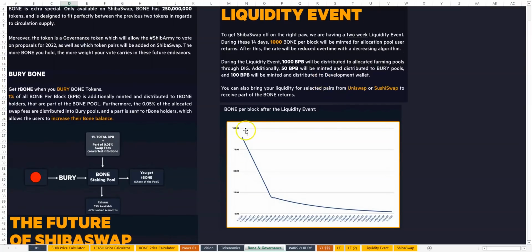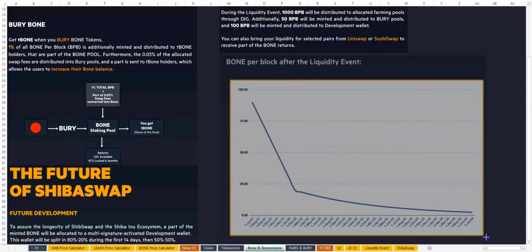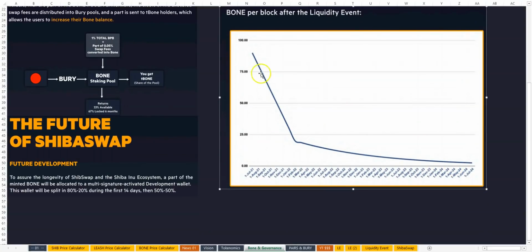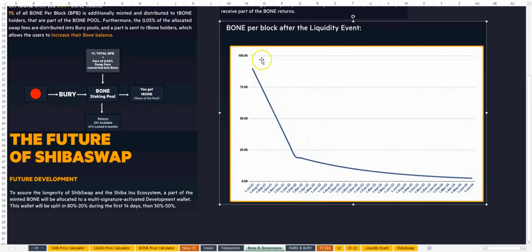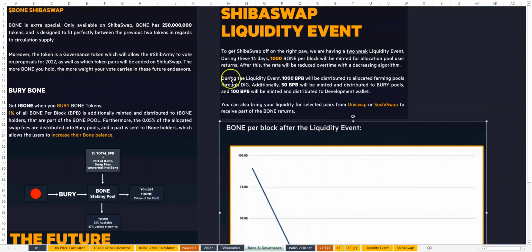That's pretty much saying that during the first 2 weeks, over here, let me see if I can increase this just so you guys can see better. During the first 2 weeks over here, the rate of bone is going to be minted very, very high, and then every day after that, less and less will keep getting made.